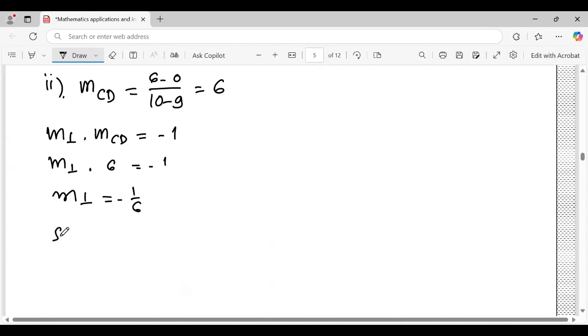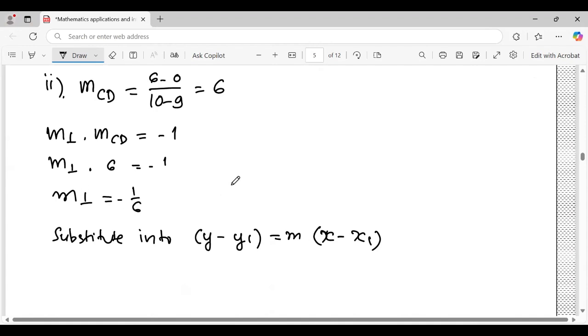Now substitute into this equation, y minus y1 equals m times (x minus x1), using the gradient and the coordinate point x1, y1, which is (19/2, 3).